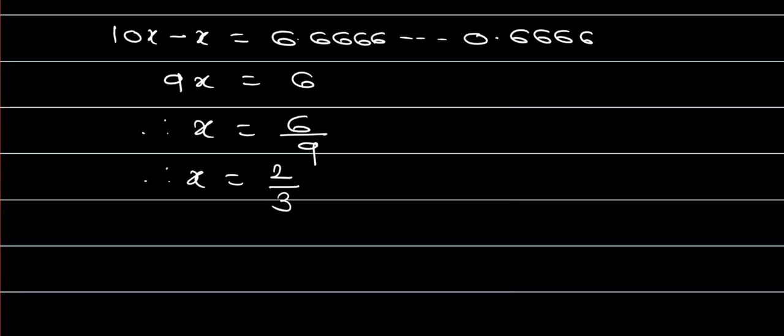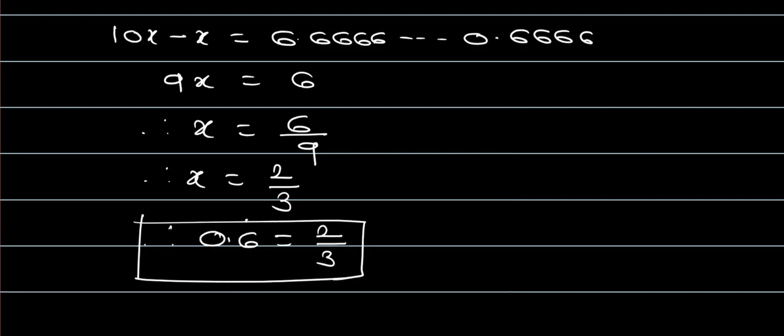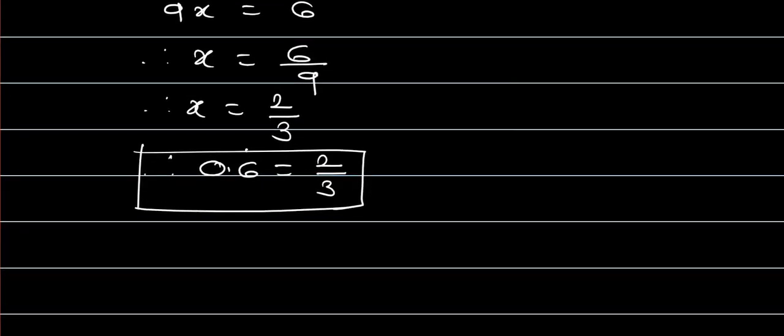Therefore 0.6 recurring is equal to 2 upon 3. Next, 0.37 recurring.